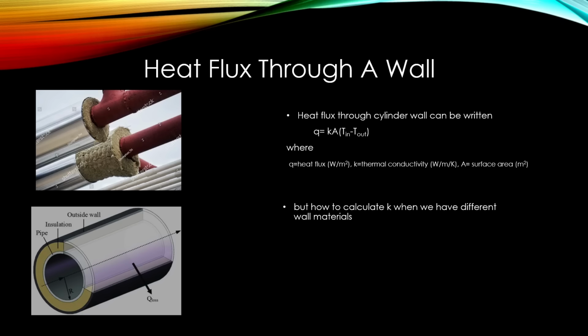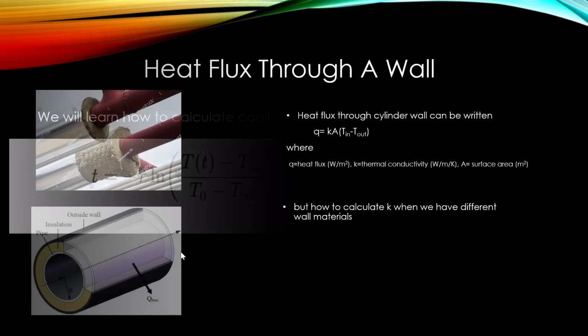It's only heat transfer coefficient times the surface area times the temperature difference between fluid and environment. But how we calculate that heat transfer coefficient, especially in case when we have a pipe wall and this insulation around that pipe. That's something what we will learn during this course.